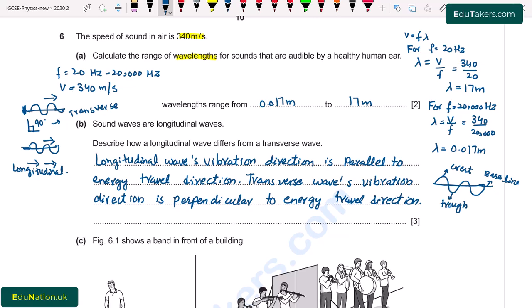Now for longitudinal wave, this wave travels just like this. At some places these are very far apart from each other, but at some places these are very close to each other.